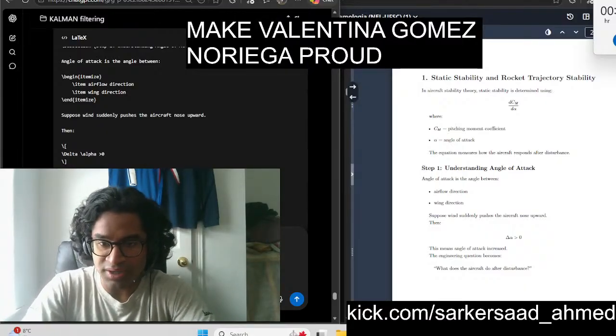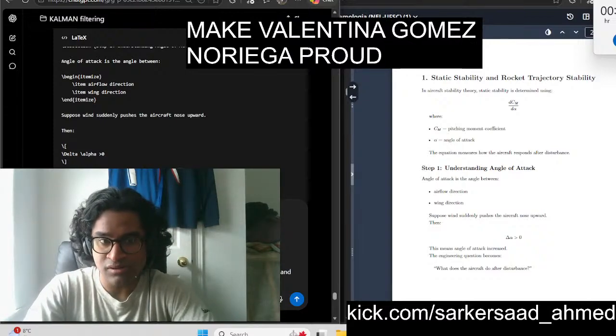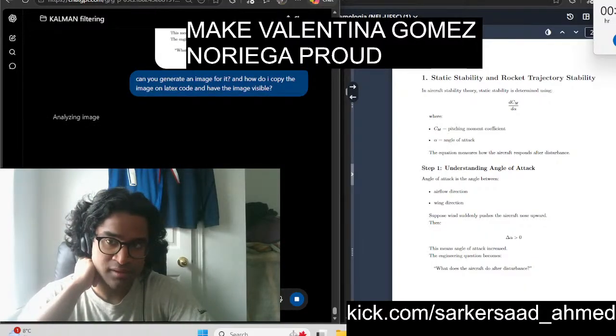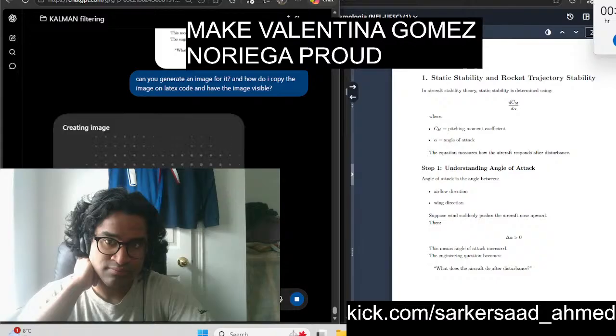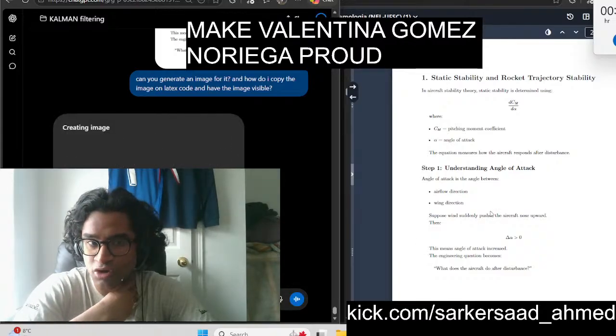And how do I copy the image into the LaTeX code and have the image visible? Is it possible? I don't think it's possible, right? I know that generating an image is possible, but is it possible to copy it here?